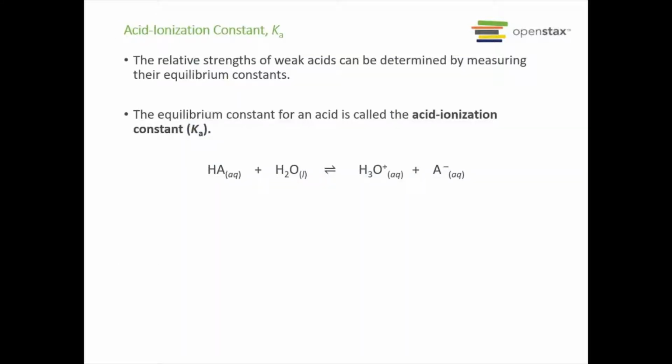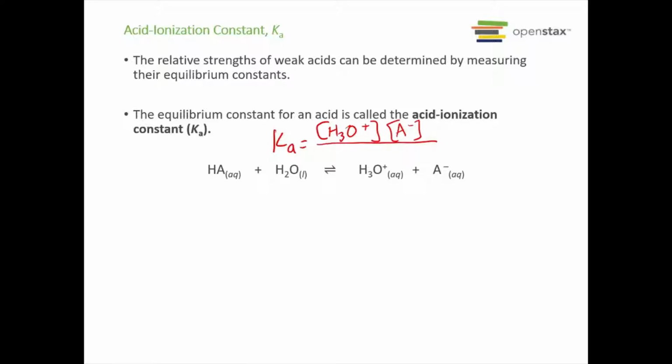So if we are looking at some weak acids, we can figure out how strong it is by looking at its equilibrium constant, which we call the acid ionization constant, or Ka. If we were to write an equation for it, Ka, just like all of our equilibrium constants, we have products on top. So we have H3O plus times your conjugate base of your acid, your A minus.